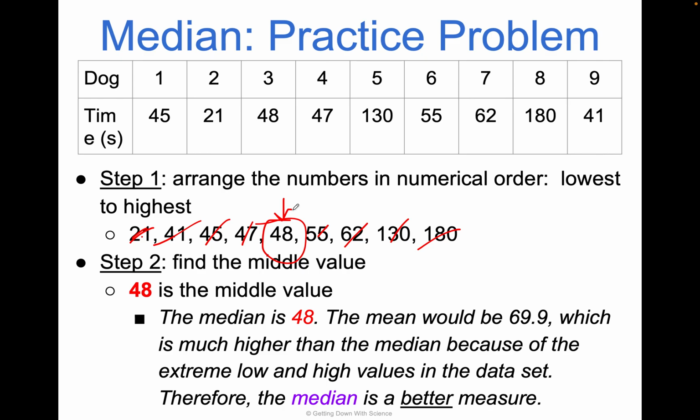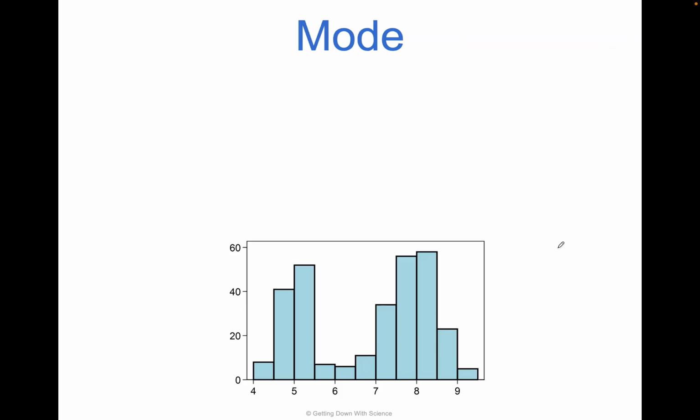So the median is a better measure here to describe the data. And you can kind of think of it like this. The mean of 69.9 would be somewhere in here. Look at how many numbers it leaves out, right? Great. So median's a better measure in this data set.